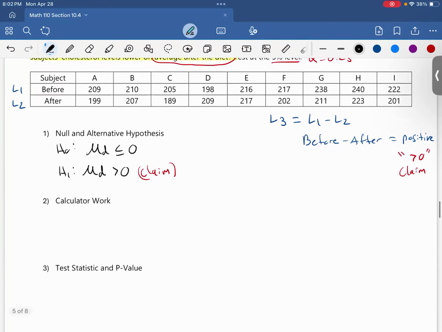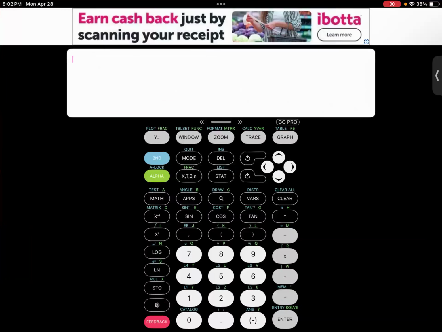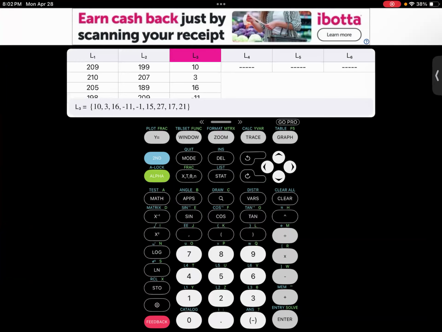So calculator work. Remember we use t-test. Before we even do that, we need to create our list three. So I went ahead and entered in the data for list one and list two. Take a minute and enter in that data and come right back. Okay, welcome back.